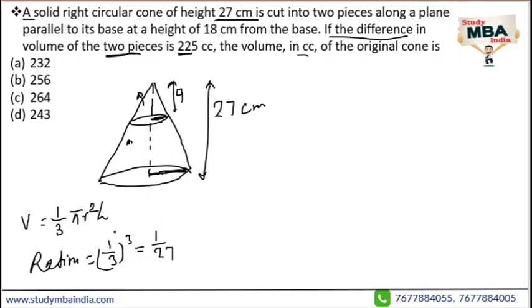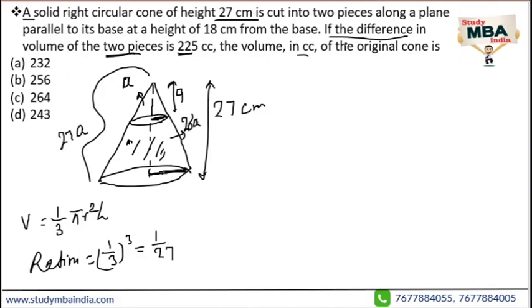So let us say the volume of the smaller cone is a, which means the volume of the bigger cone will be 27 times of it. That means the volume of this piece will be 27 times a minus a, which is 26 times a, right?